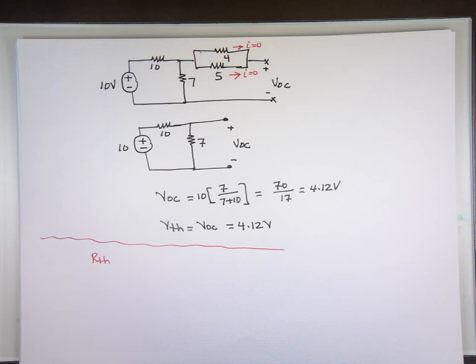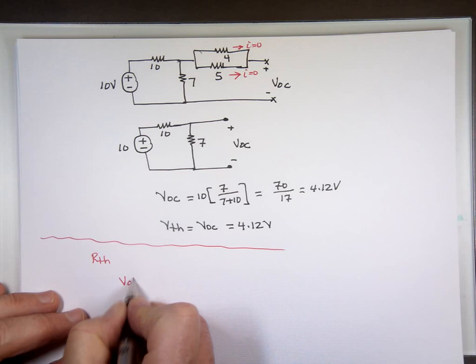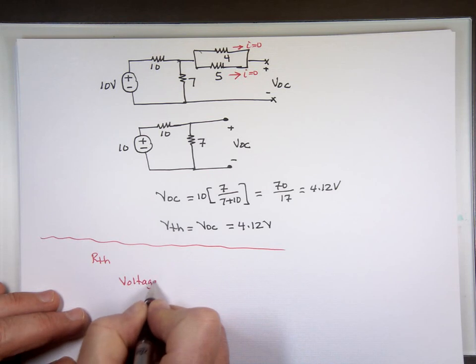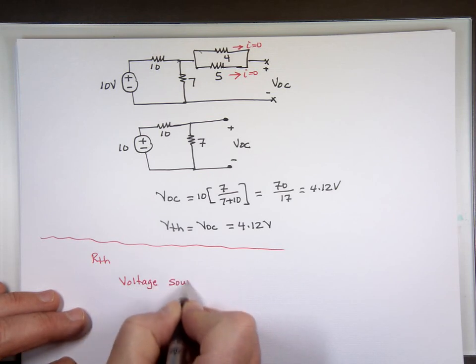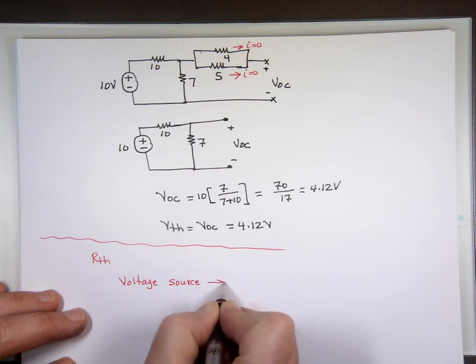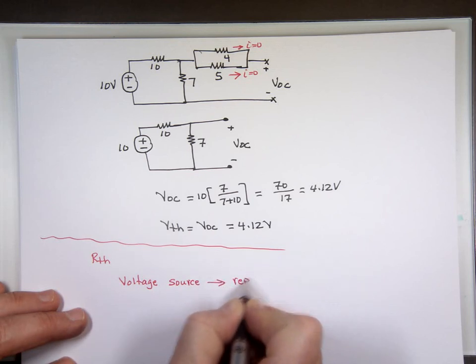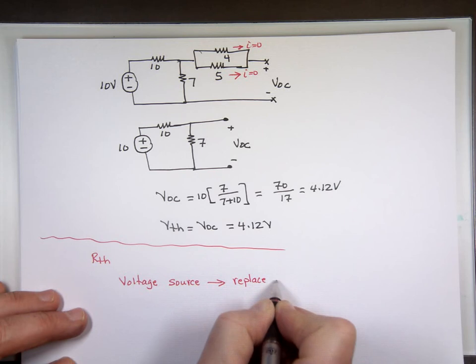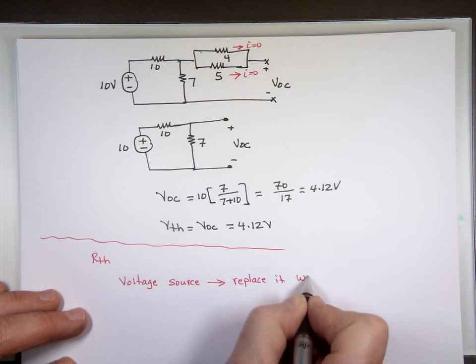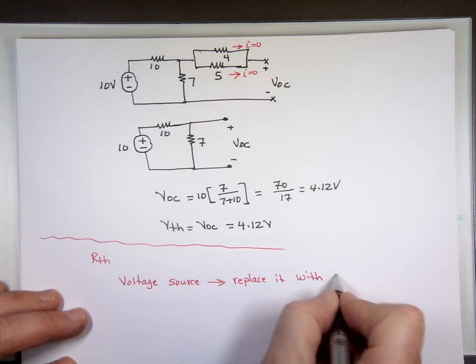Well, if you have a voltage source, when you're looking for R Thevenin, you need to replace it with a short circuit, just a wire.